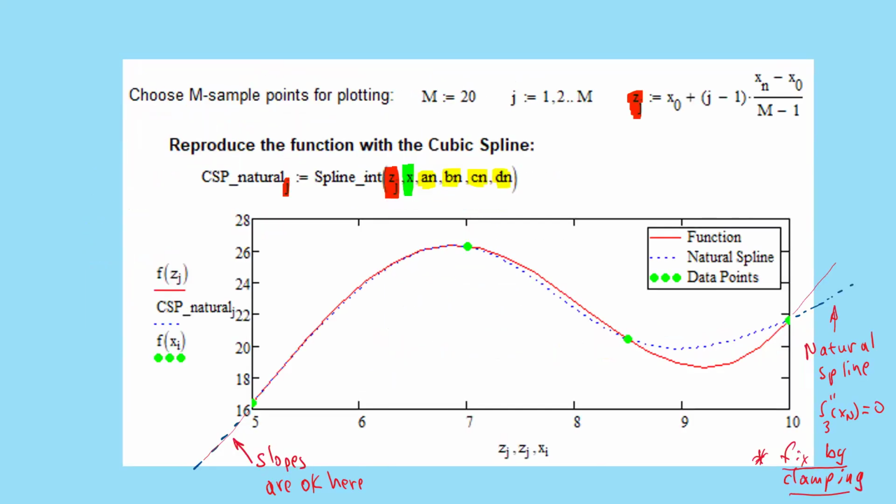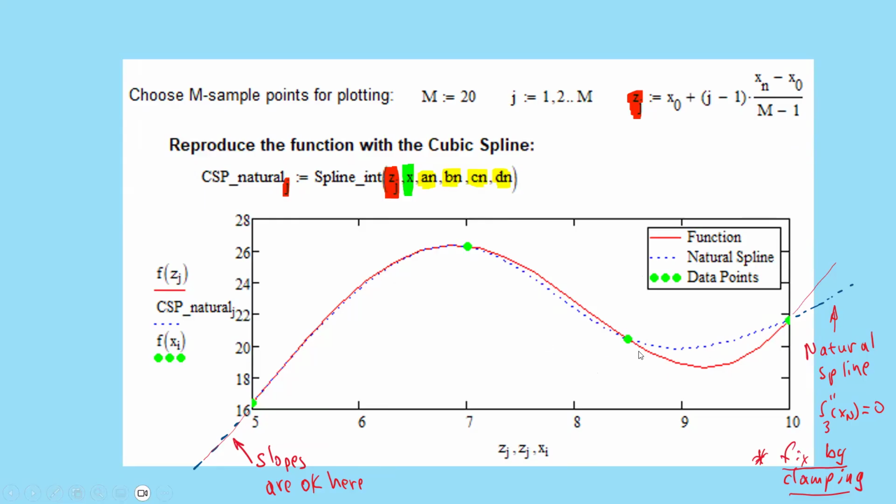This figure shows a comparison between the original function and the natural cubic spline. As you can see, the spline passes smoothly through all these data points, and there are no oscillations between the data points.